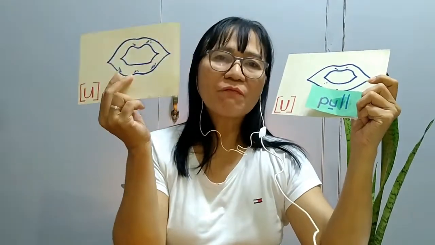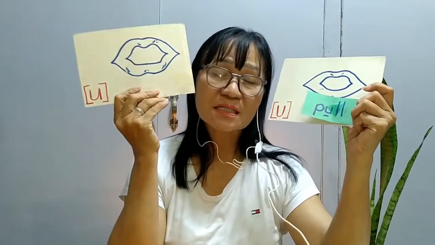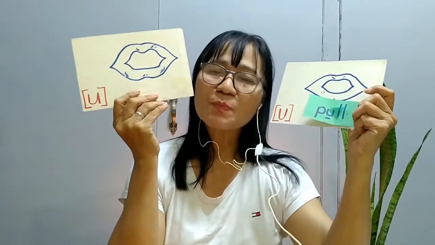Last two vowel sounds. Let's start with the lax "u," just like in "pull." It's very different from the other symbol because this one is an "oo" sound. Remember, this is a tense vowel. So when I speak of the tenseness and the laxness of the vowels, I am referring to the length of the sound.